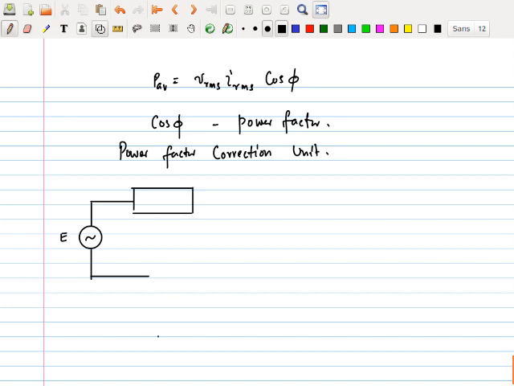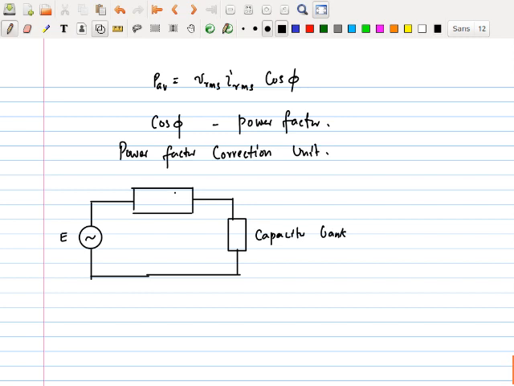And the industry people, because they don't want to pay a lot of money, since they charge you for reactive and active power, I'll tell you later what reactive and active power are. On top of that, industries hook up something called the capacitor bank. Now we will try to analyze what happens with this.